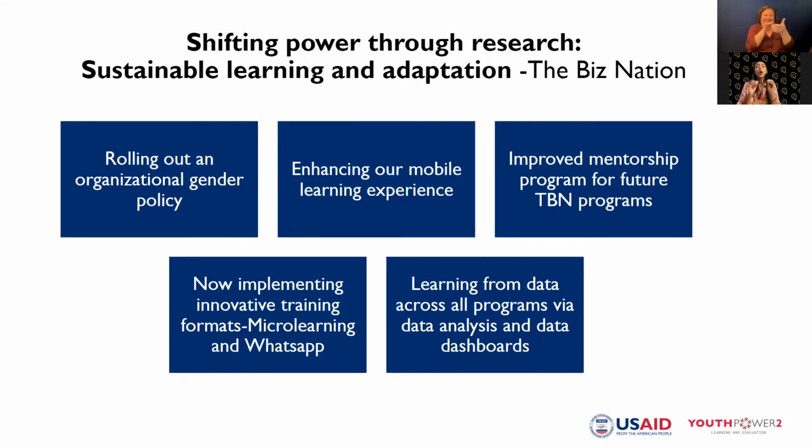We've done many things, but we want to continue exploring and researching alternatives that can help us enhance our mobile learning experience. A third lesson learned is the mentorship program, which we had the opportunity to improve, and we will continue to use the improved mentorship program for all other Beast Nation programs.